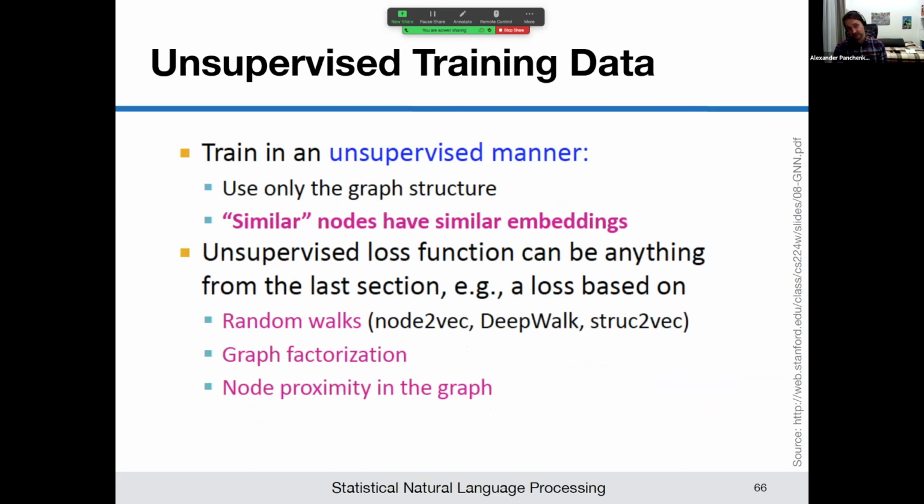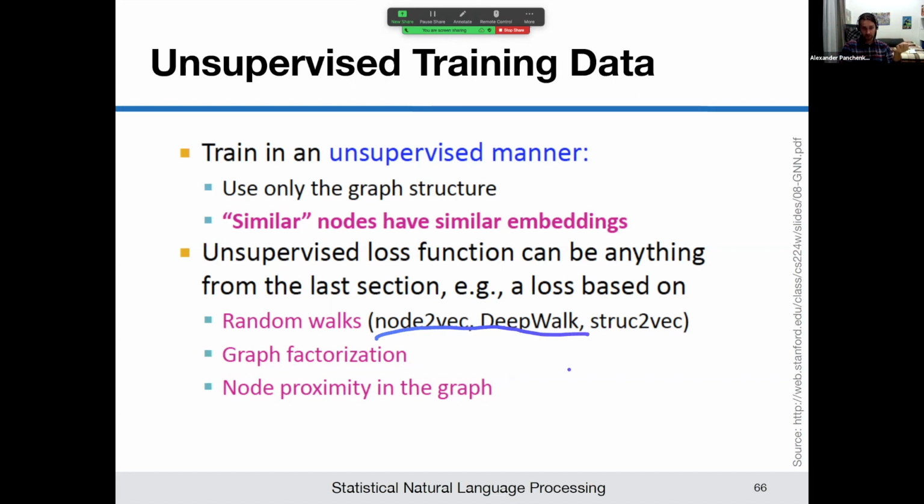And this construction can be trained in both supervised and unsupervised ways. If it's unsupervised, this overall thing becomes some kind of autoencoder. So you can again use losses similar to Node2vec or DeepWalk.